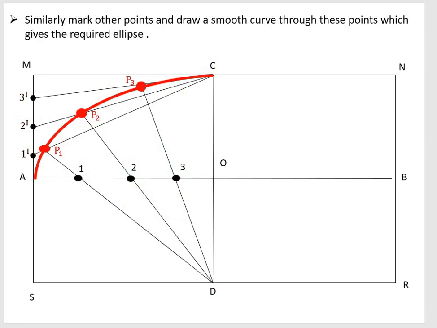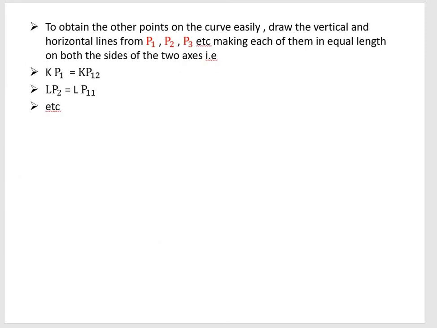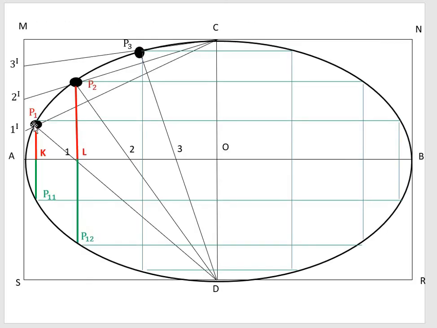We have drawn up till this. It should look like this. Then finally, to obtain the other points, draw vertical and horizontal lines from P1, P2, P3, but whatever you draw, it should divide them into equal lengths on both sides. For example, if I drop one vertical from P1, it cuts at K, so P1K should be equal to KP11. Similarly, P2L, whatever length is there, you have to draw an equal length on the other side.